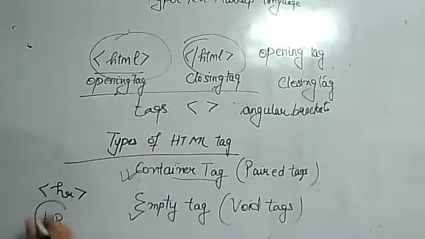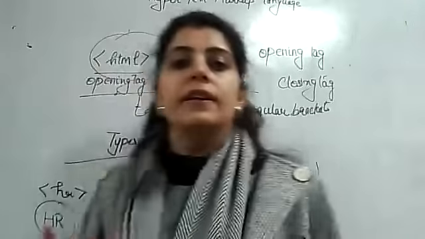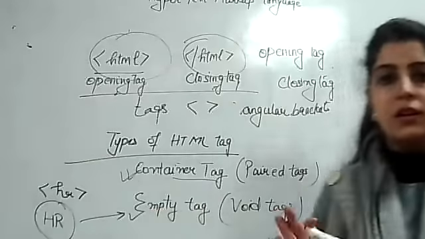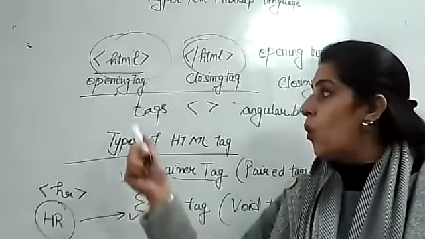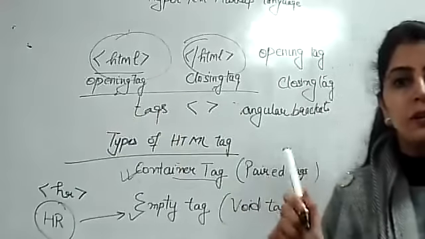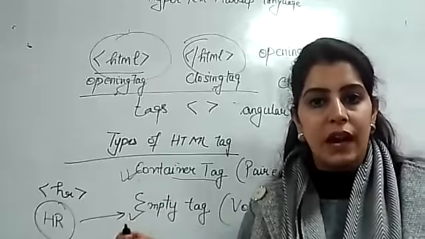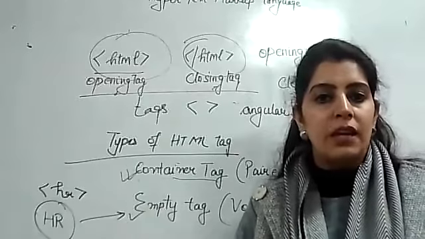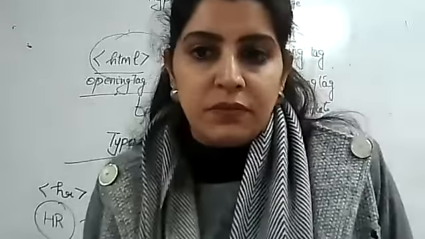HR तो ये क्या है? एम्प्टी टैग है बिकॉज HR में हम टैग को ओपन तो करते हैं लेकिन टैग को क्लोज नहीं करते हैं, राइट? So empty tags are the tags which have only opening tag but no closing tag. So only opening tag will be there in case of the empty tags, void tags.